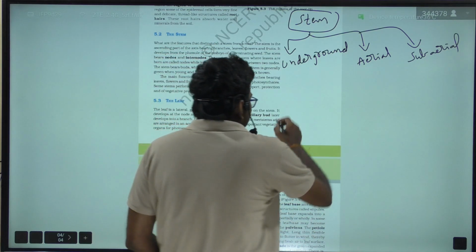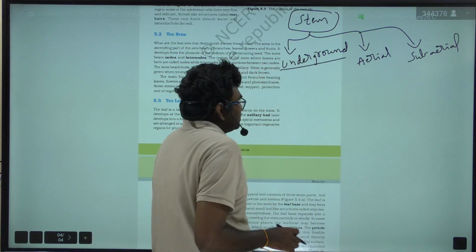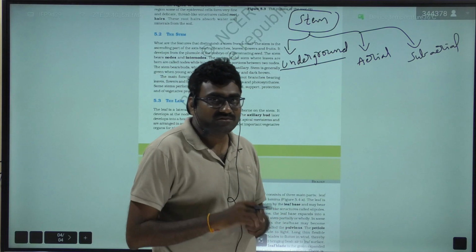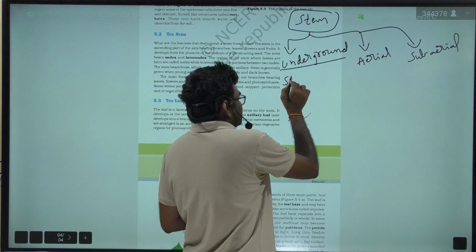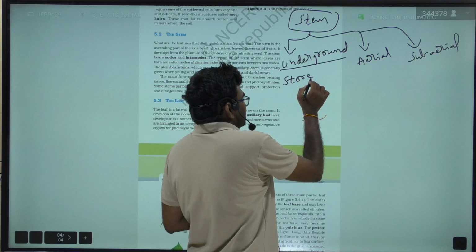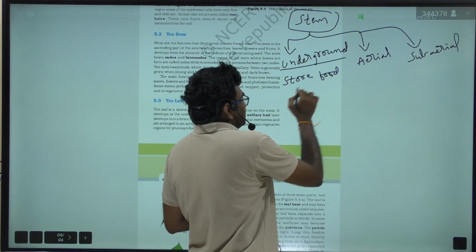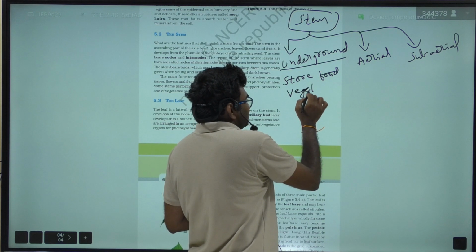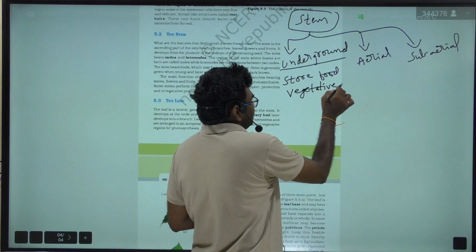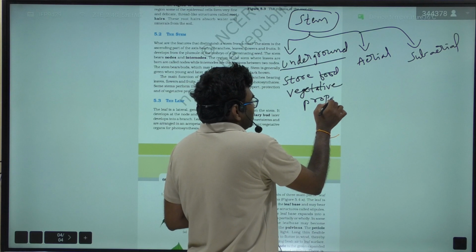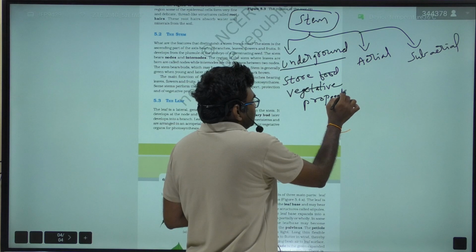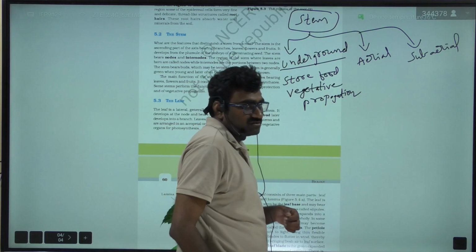In the underground stem modification, the stem is modified to store the food materials, as well as it is involved in vegetative propagation.